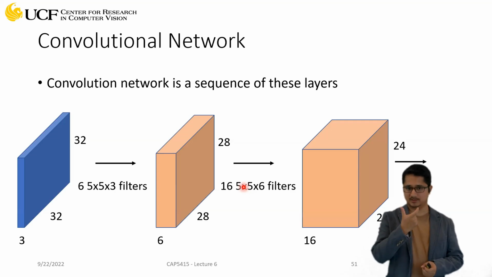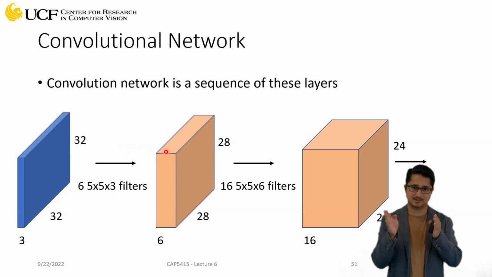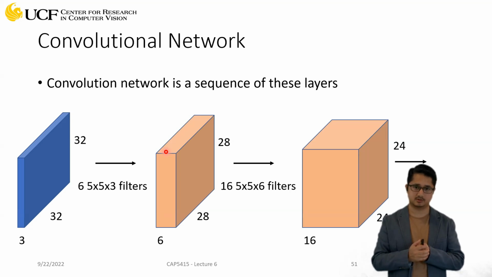But in the depth aspect, you are covering all the pixel values at once. So you are spanning across the spatial dimensions X and Y, but you're not spanning across depth. You consider all those values at a single time, so all the values are considered when you compute the linear combination across all the activation maps. That's one thing to note here.